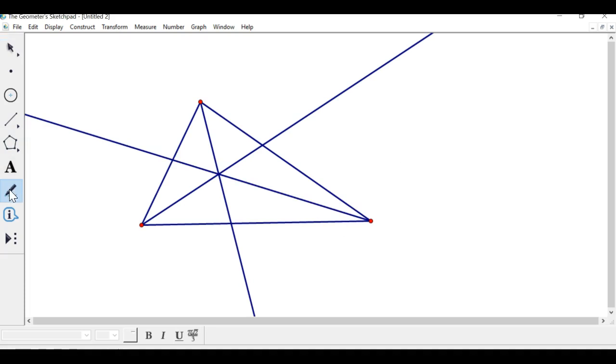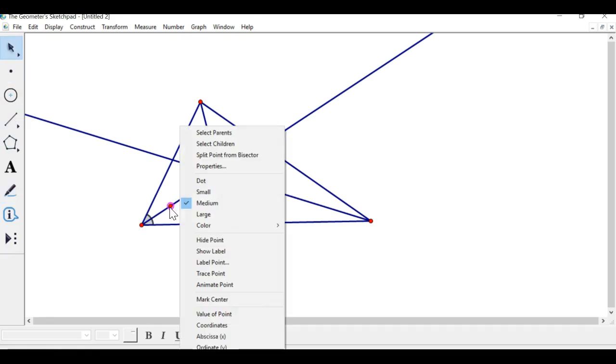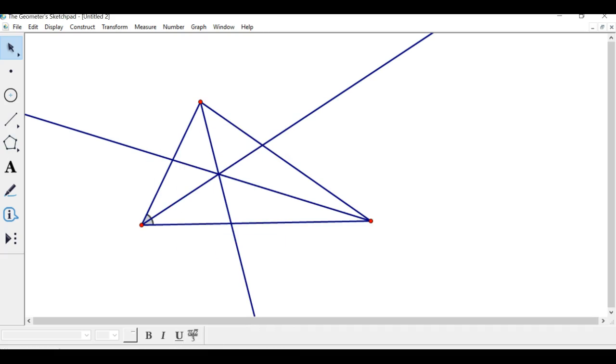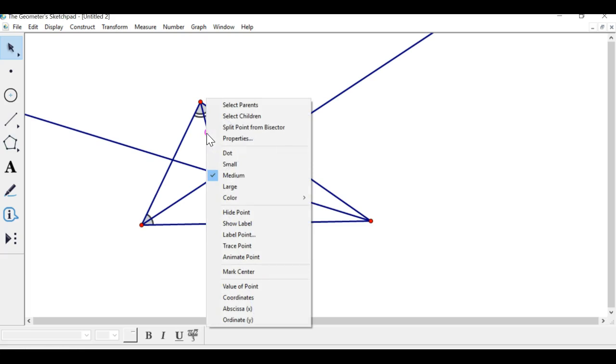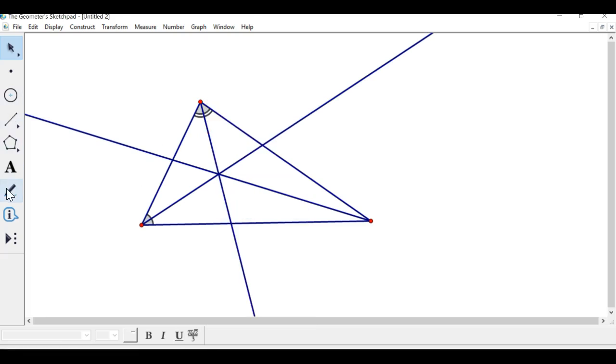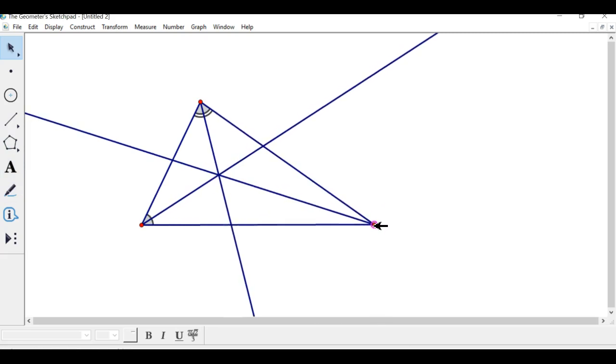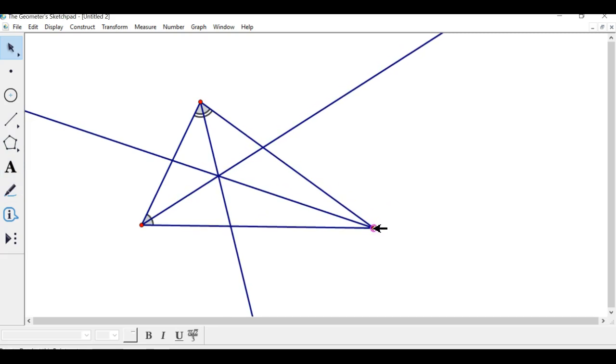So that is a bisector, and it bisects that angle. This is also a bisector, so it bisects that angle.